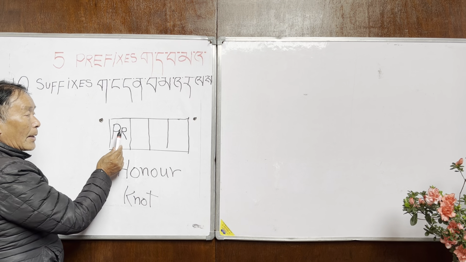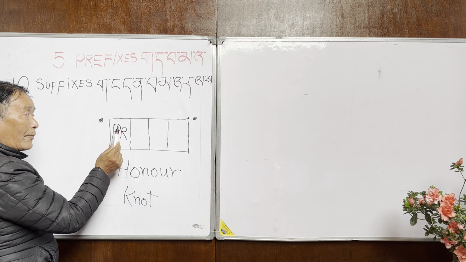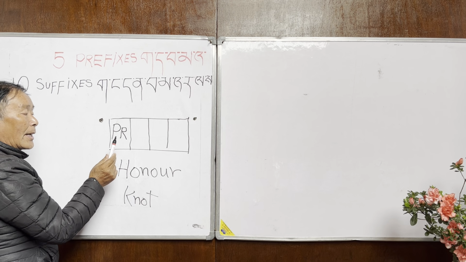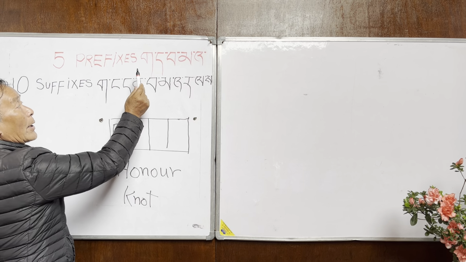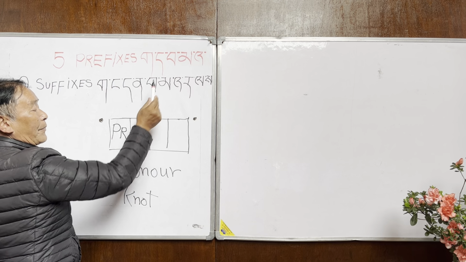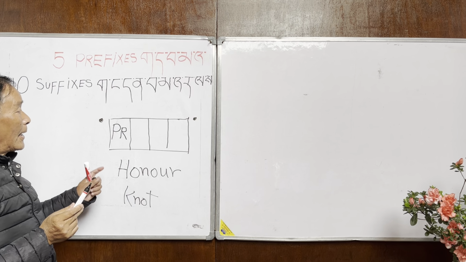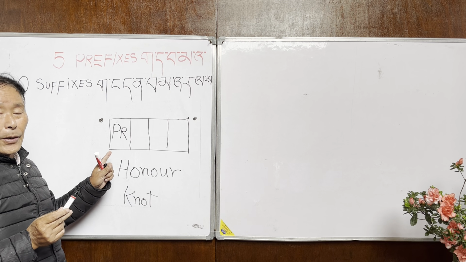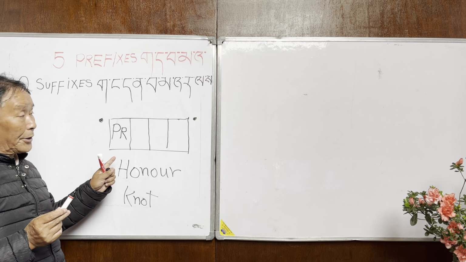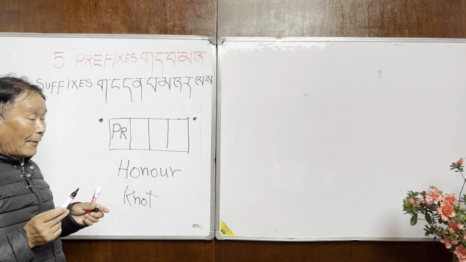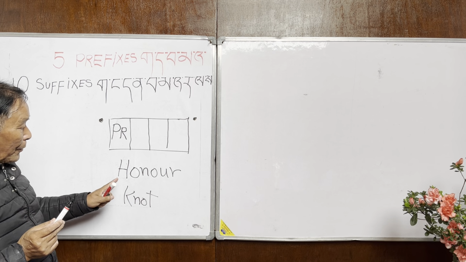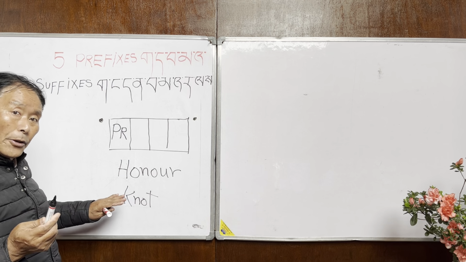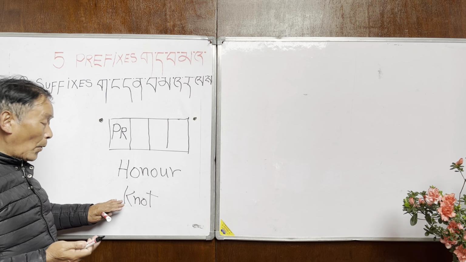So if there is a letter in front, and it is one of these 5, then the possibility is that it is one of the prefixes which you don't have to pronounce. If we are not to pronounce it, why write it?